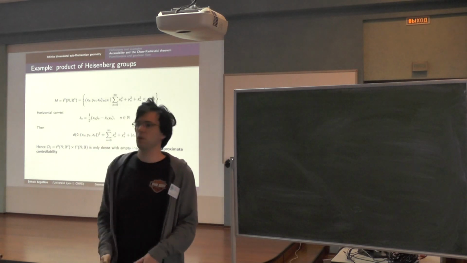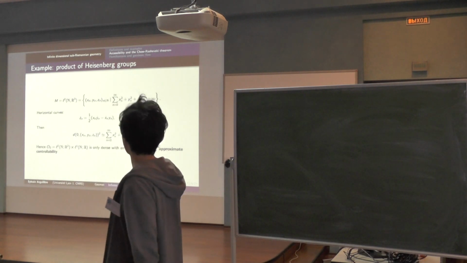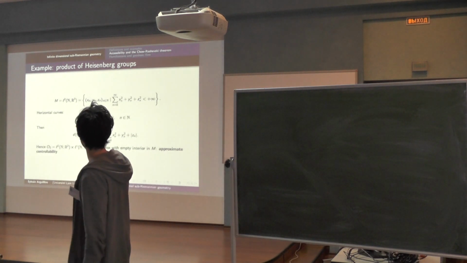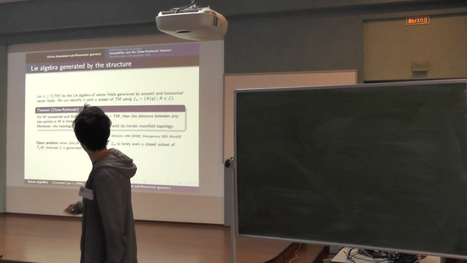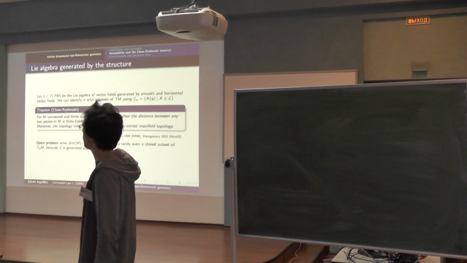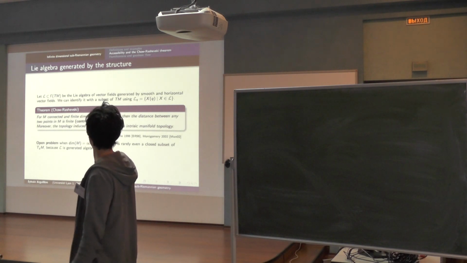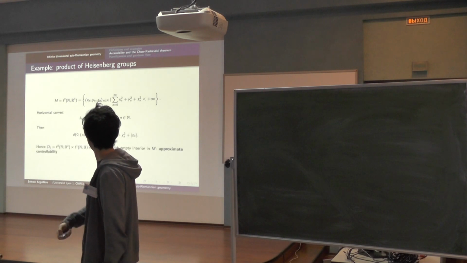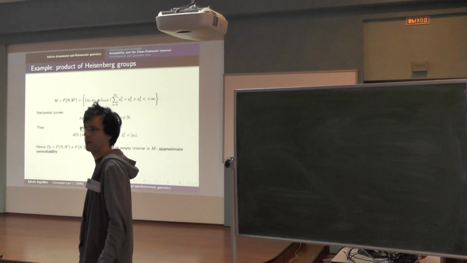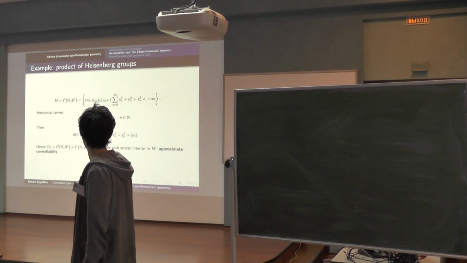So we only have what is called approximate controllability. And actually, if you compute the Lie algebra generated by the horizontal vector fields, you're going to see indeed that you are just dense inside the tangent bundle.